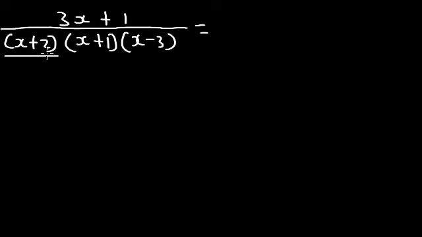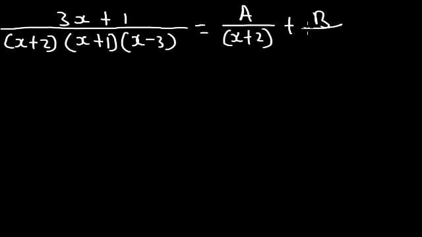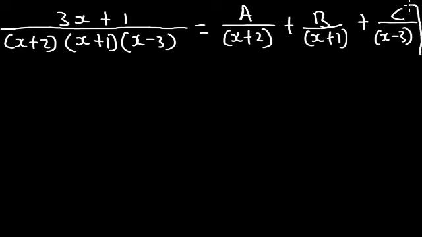Keep in mind, we are having 3 different terms at the denominator right now. So we are having 3 different constants. A divided by the first term, x plus 2, then plus b divided by the second term, x plus 1, then plus c divided by the third term, x minus 3. Then we are multiplying everything by the whole denominator.